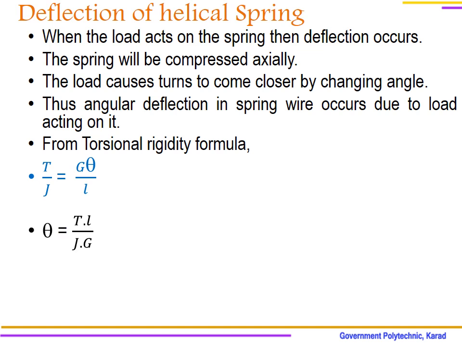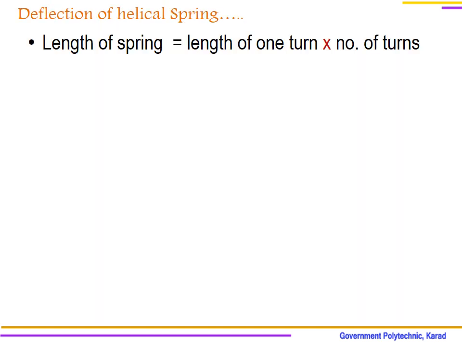So theta becomes TL upon JG, where T is equal to W D by 2. We know that this is twisting, and twisting is due to load, and when load is acting on a wire, the distance will be capital D by 2, considering that the force is acting at that circle having diameter D. So torque is equal to W D upon 2.